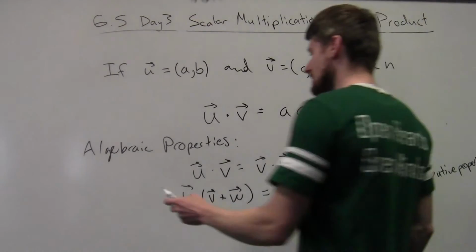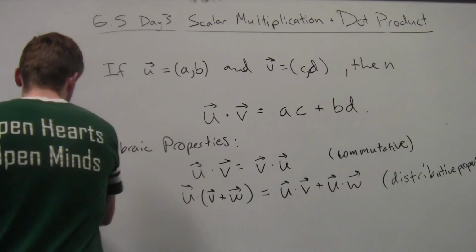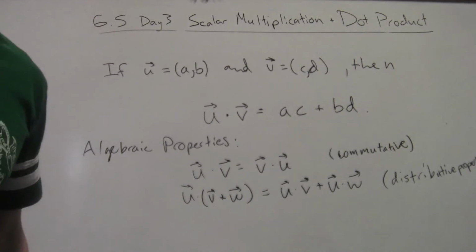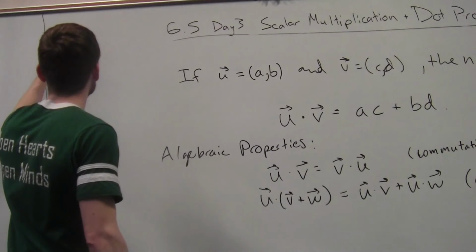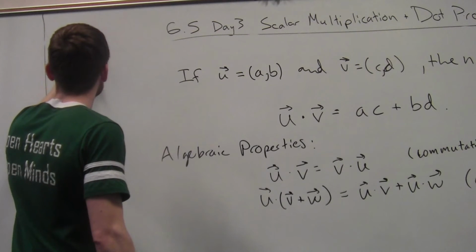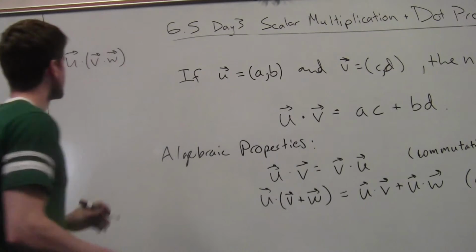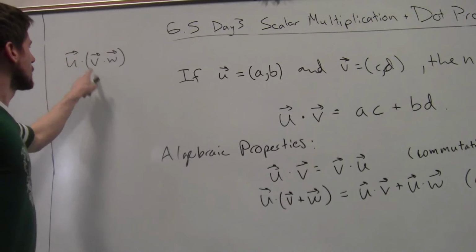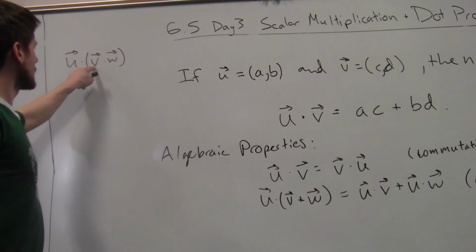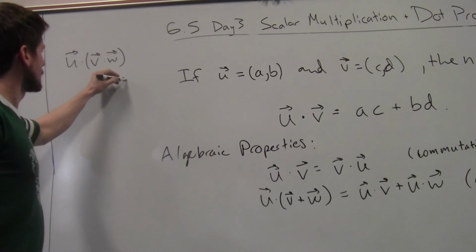Now, why would this not make sense? I'll just write it over here on the side. u dot v dot w. Well, if you think about what the dot product gives you, the result of v dot w is a number.